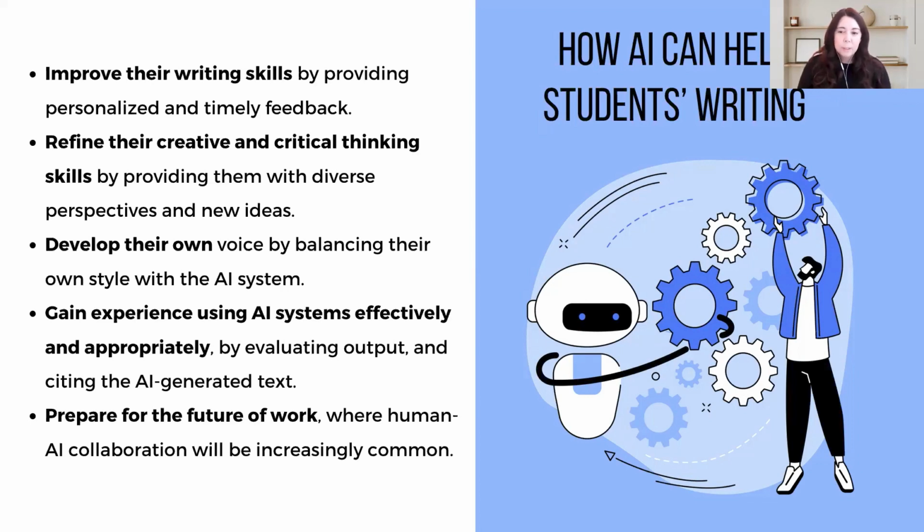At the same time, especially if we think about the initial output of generative AI, it's kind of bland. It doesn't really have voice. And so I feel like if students can benefit from reading that kind of writing, it might help them reflect more on the need to develop their own authentic voices and balancing their style with that of the AI system.